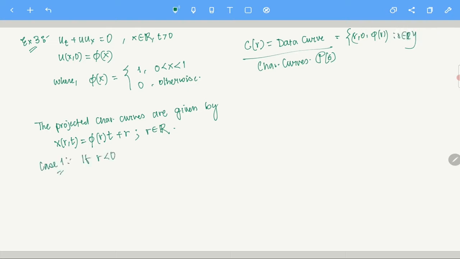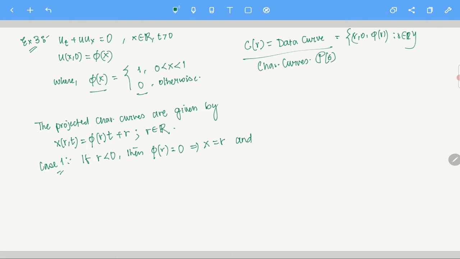If R is negative, then what is phi of R? Phi of R negative is going to be 0, which implies x equals R, since phi of R is 0. And what is u along these curves?